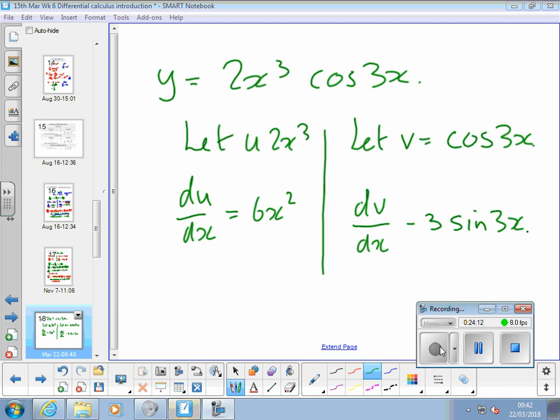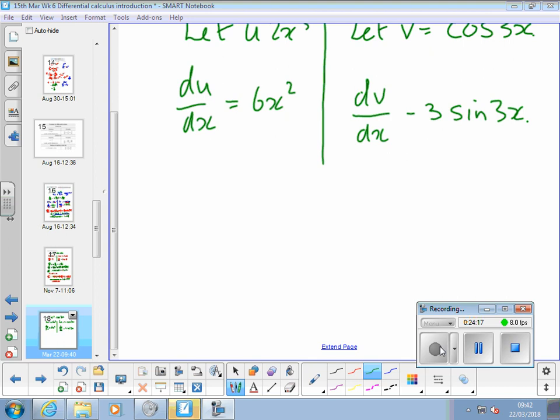Yeah? So then that's a matter of putting those four things into the formula for the product rule.